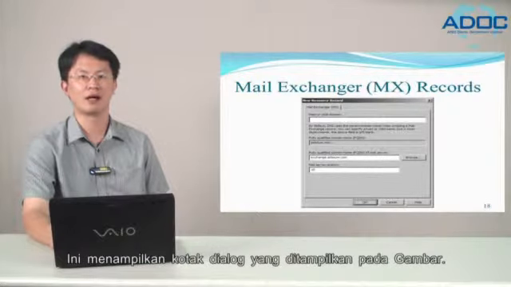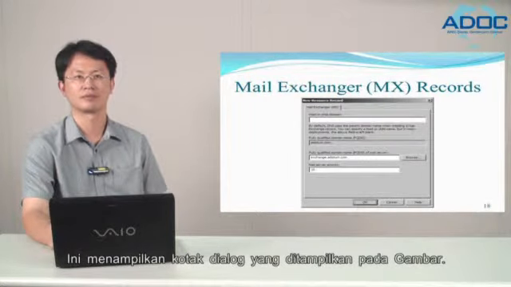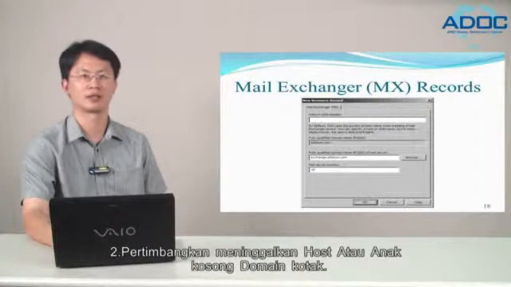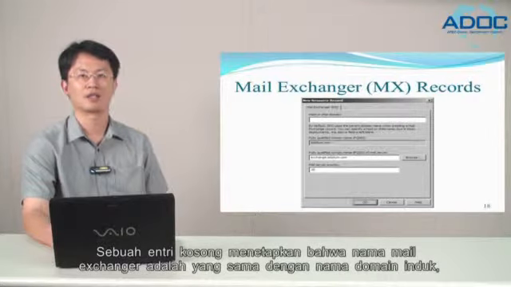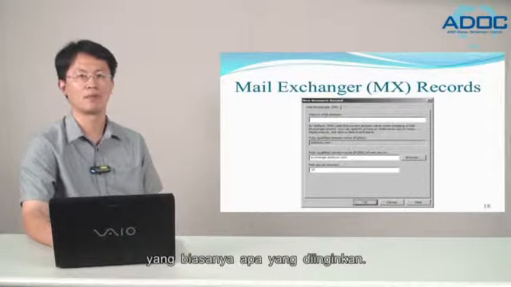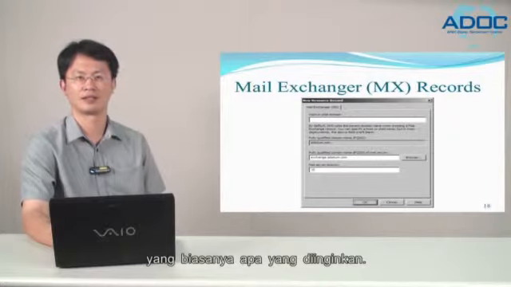This displays the dialog box shown in the figure. And consider leaving the host or child domain box blank. A blank entry specifies that the mail exchanger name is the same as the parent domain name, which is typically what is desired.